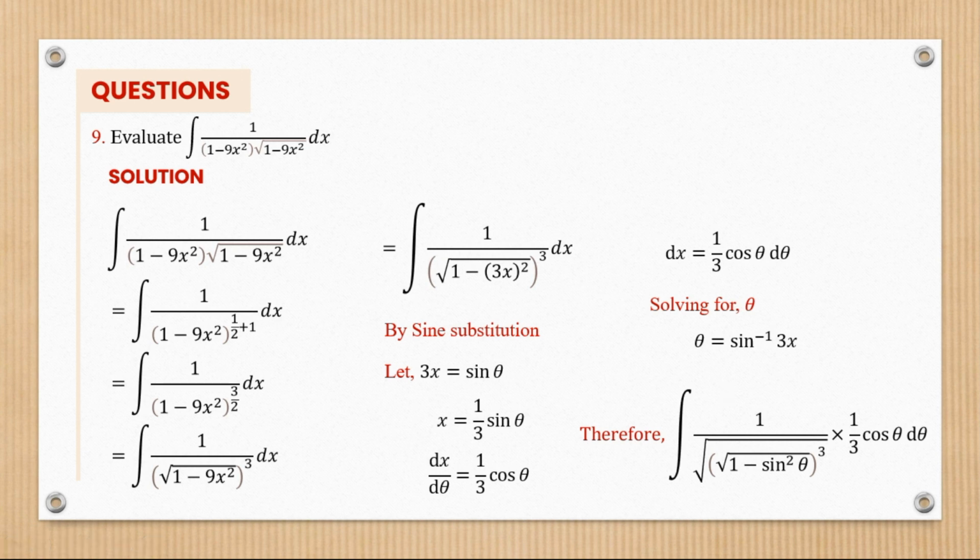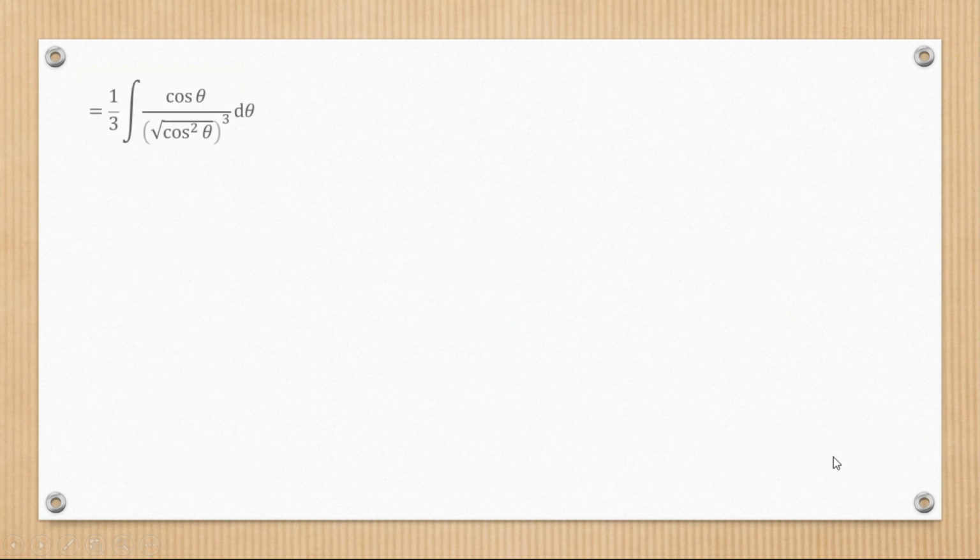Then if we substitute everything back into the integral, we have 1 over the root of (1 minus sine squared theta), cubed, times a third cos theta d theta. We can factorize out a third, and what we'll be left with is that.